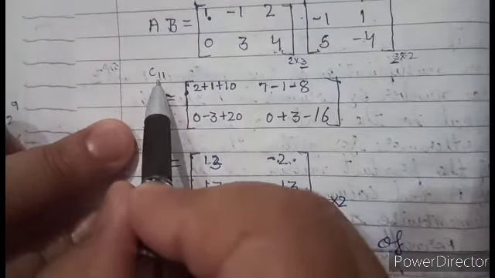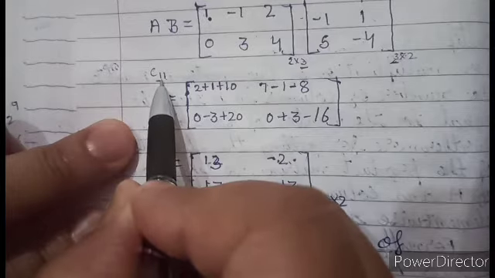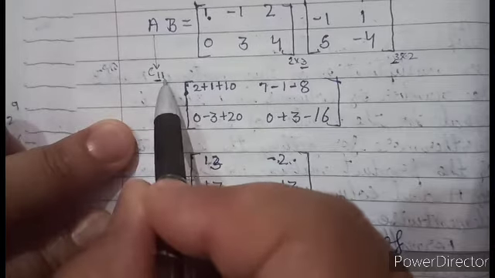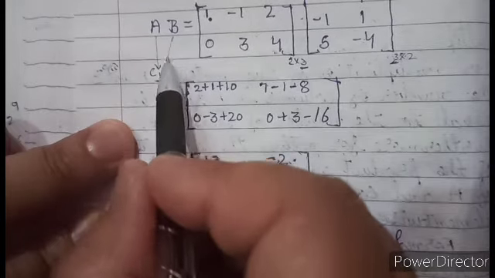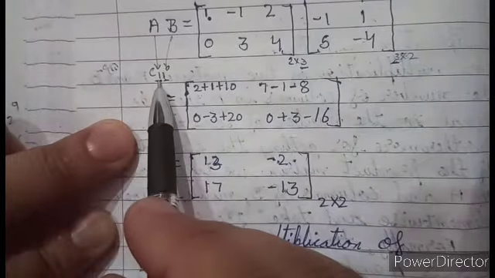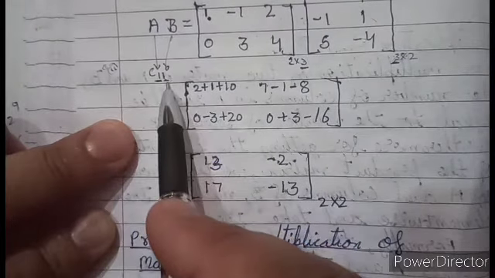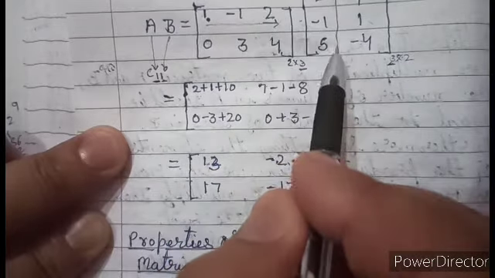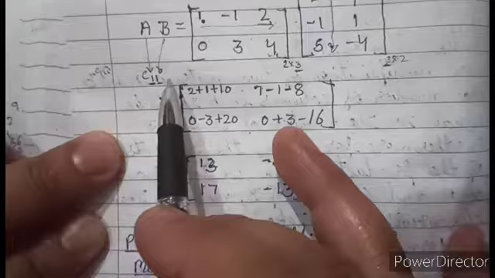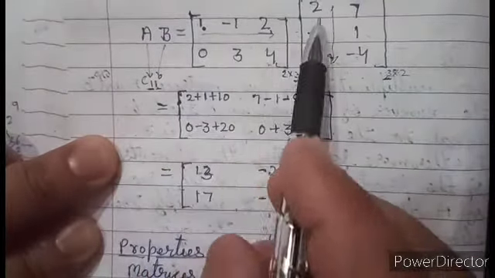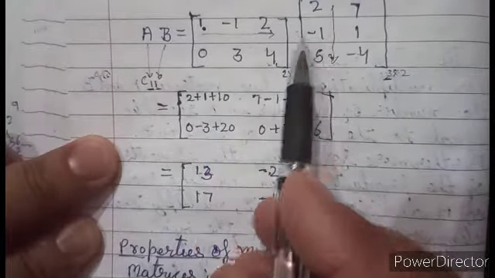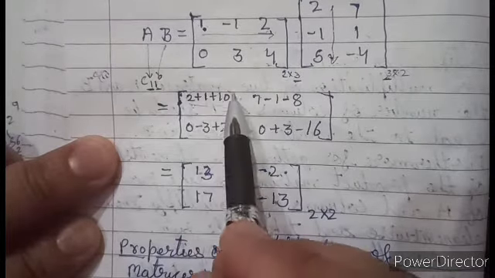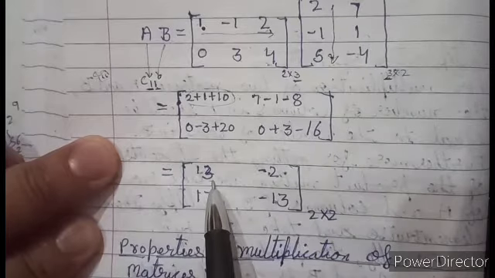That means we take row 1 of matrix A and column 1 of matrix B. This gives the product 1 into 2 is 2, minus 1 into minus 1 is 1, 2 into 5 is 10, and their sum is equal to 13.